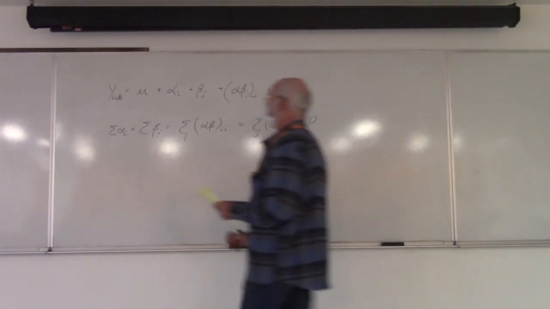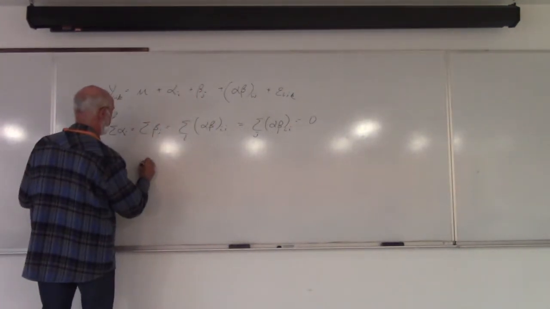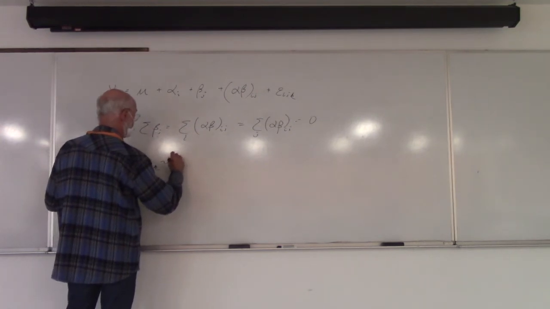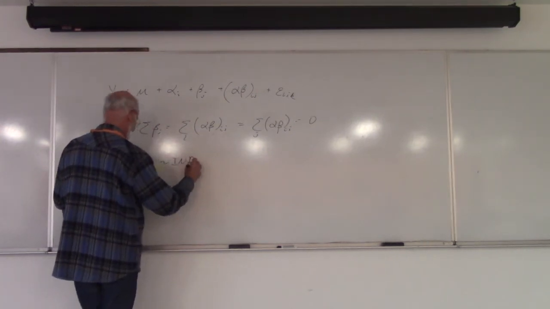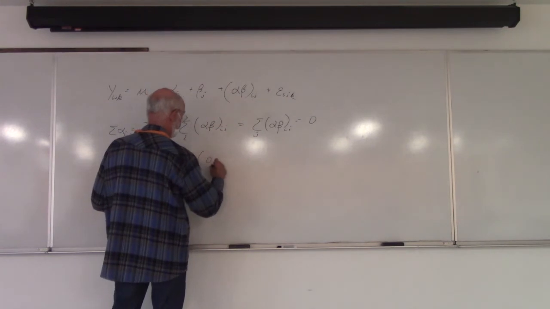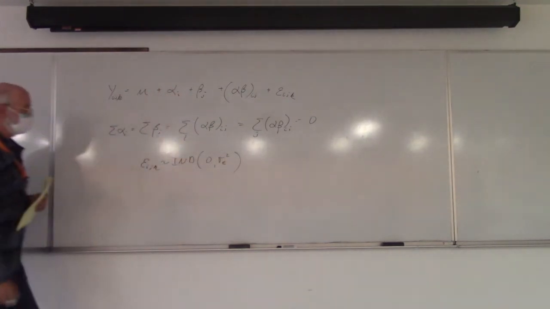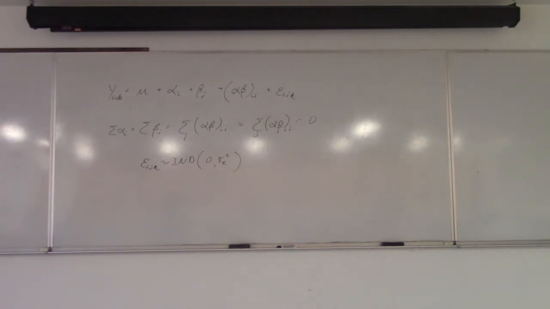And I'm also going to assume that epsilon_ijk is identically normally distributed with mean 0 and variance sigma_e squared. In other words, I'm going to assume homoskedasticity as opposed to heteroskedasticity. Remember those terms?